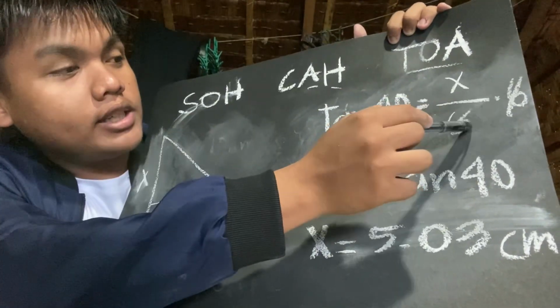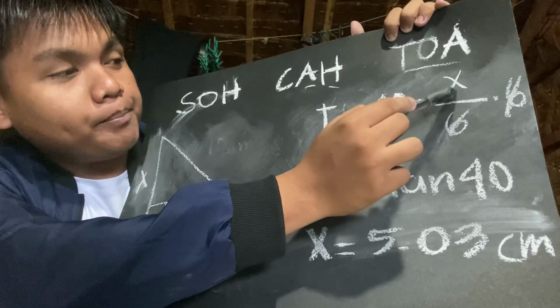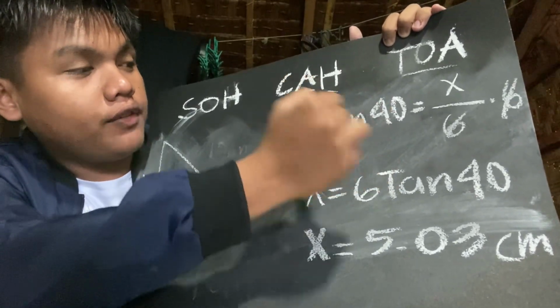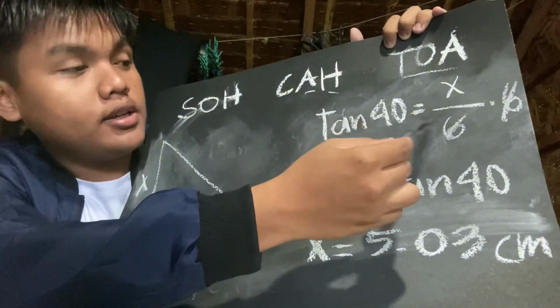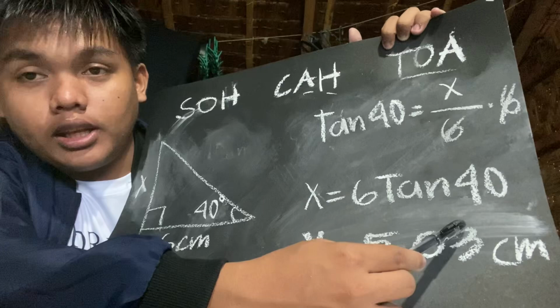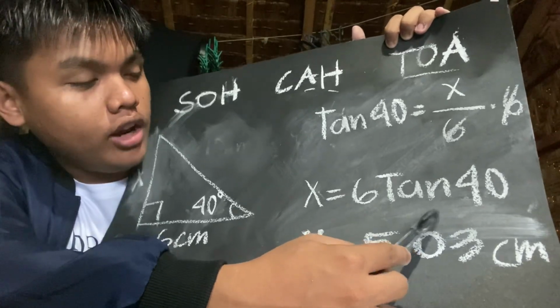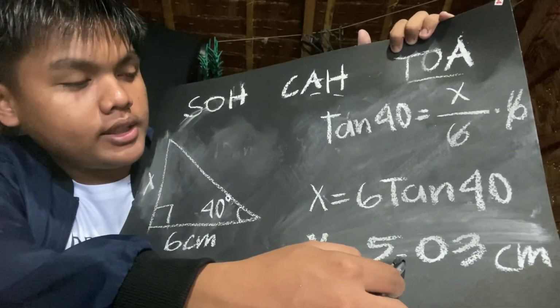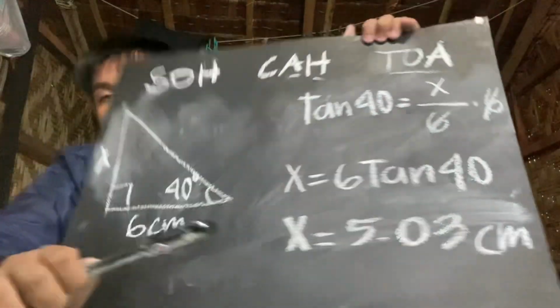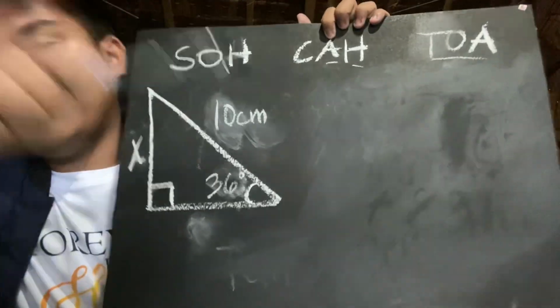We cancel out the 6 because we need to isolate x, so x equals the value of tangent 40 times 6. So x equals 6 tangent 40, and if you calculate it using your calculator, x will be 5.03 centimeters.